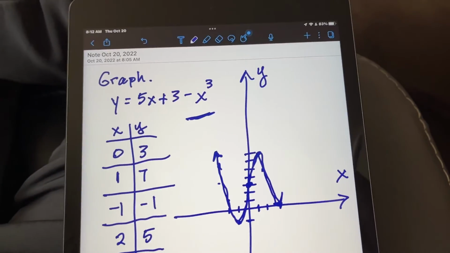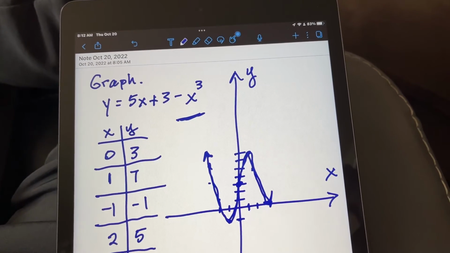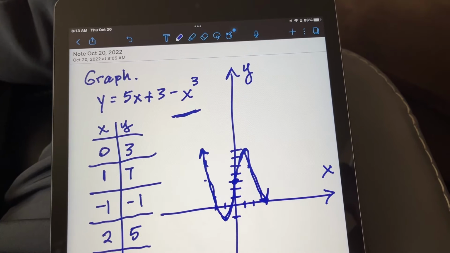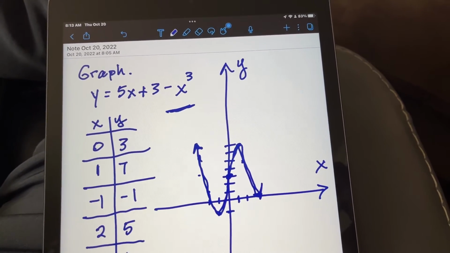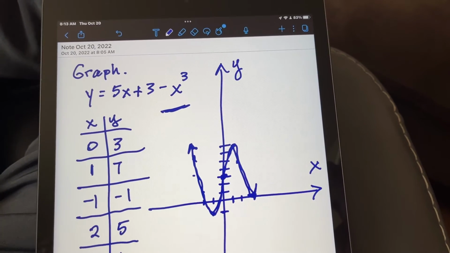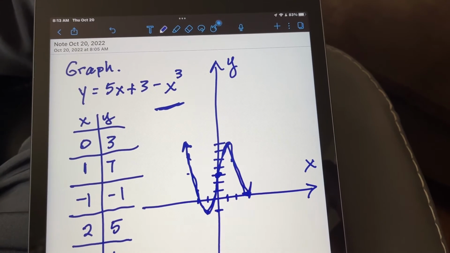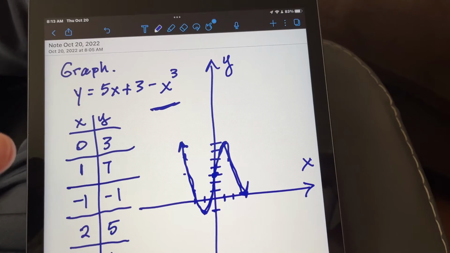There's a chart in most books that addresses whether you have a leading coefficient that's negative or positive, and whether or not you have an odd exponent as your degree. The degree of this equation is 3 because that's the largest exponent.